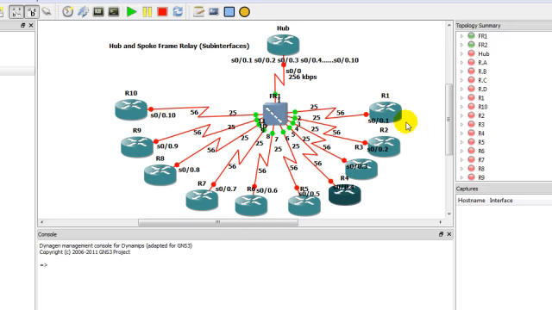Each virtual circuit has 56 kilobits per second. So what does that mean?